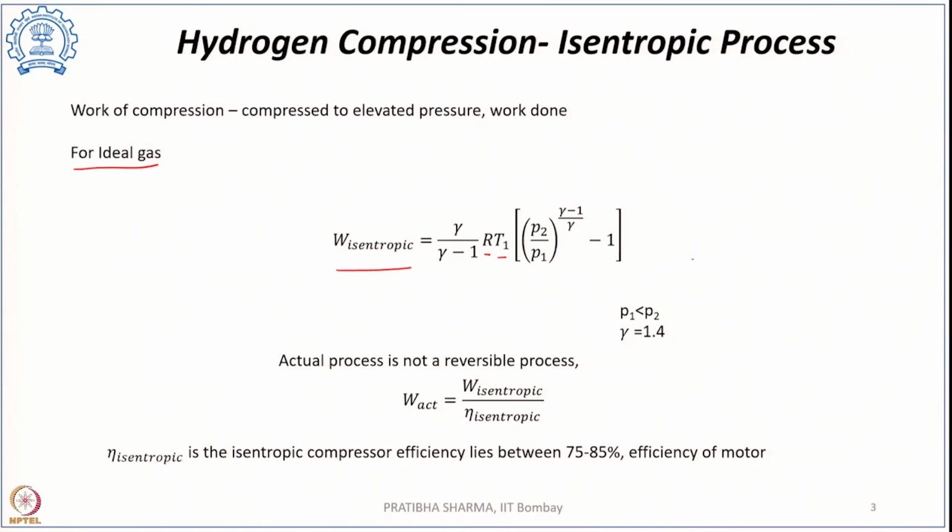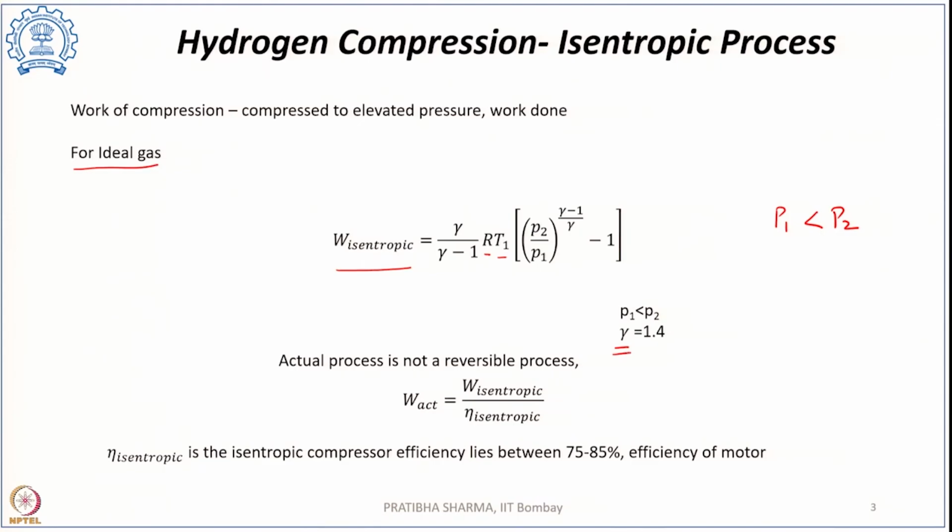So, this is the isentropic work considering the gas to be an ideal gas. Since the process is of compression, the initial pressure is lower than the final discharge pressure. Considering the gas to be diatomic, because hydrogen is a diatomic gas, the specific heat ratio is 1.4.